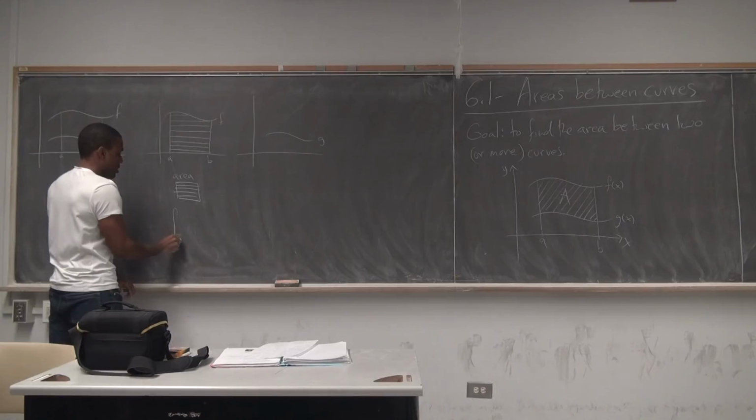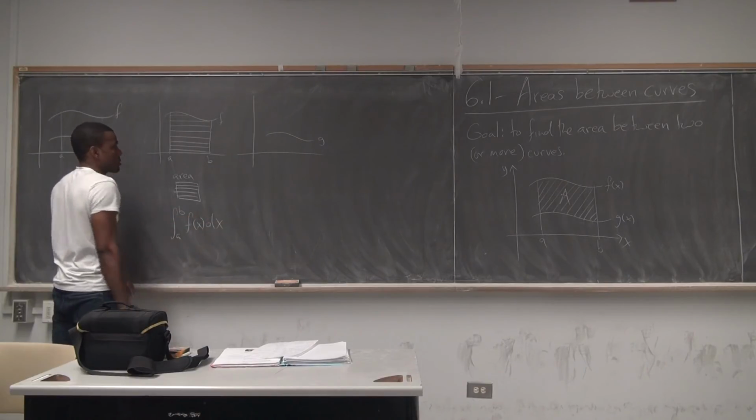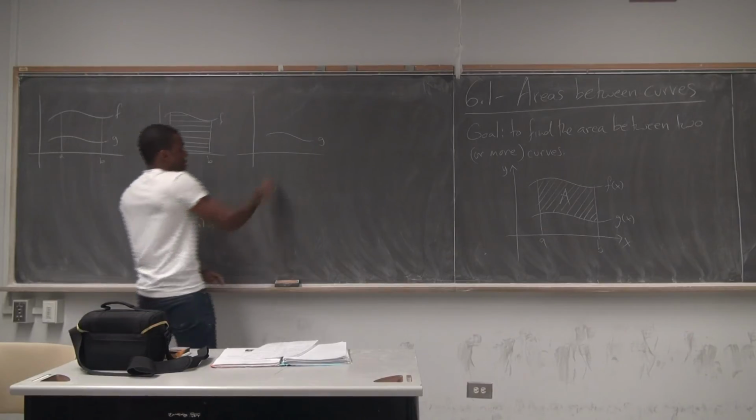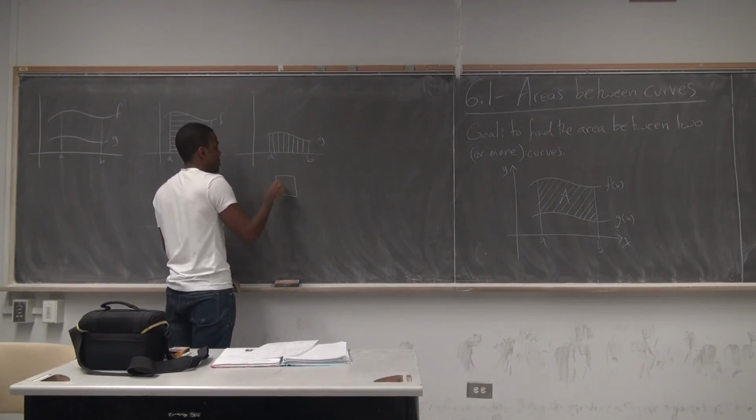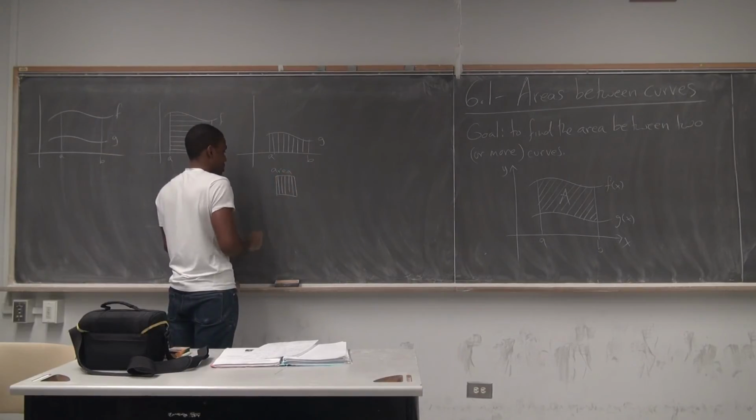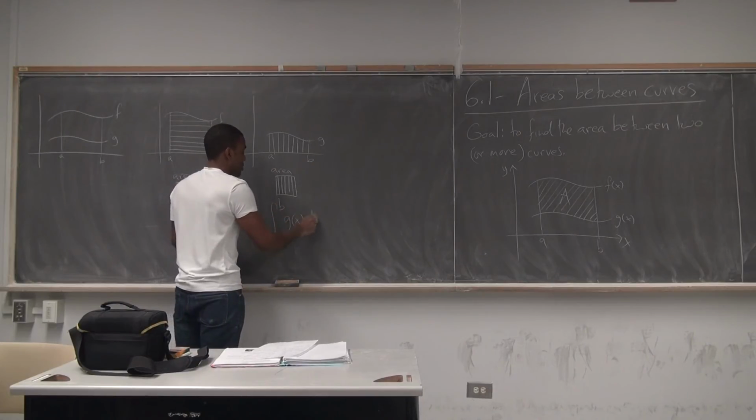Well, it's the integral from A to B of f of x dx. Then you're going to find the area under G. Shade it like that. This is the area of this guy, which again is the integral from A to B of g of x dx.